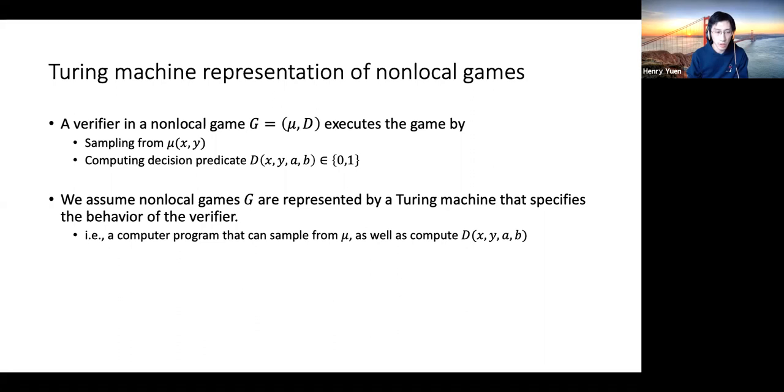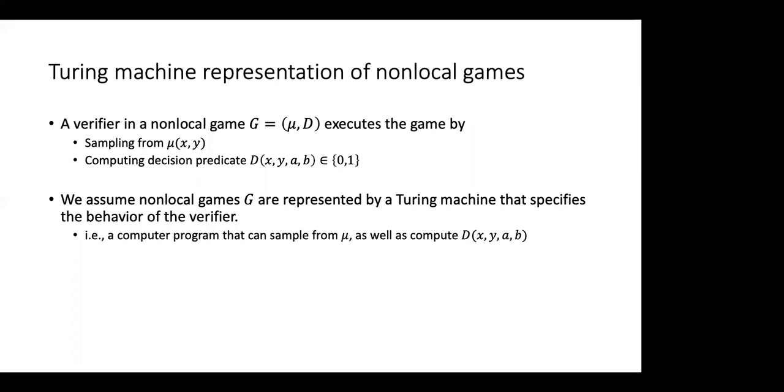The description of the non-local game will be polynomial in the size of the Turing machine description, and the number of questions and answers will be at most exponential in the description size of the Turing machine. So it is super polynomial, but it's at most exponential.